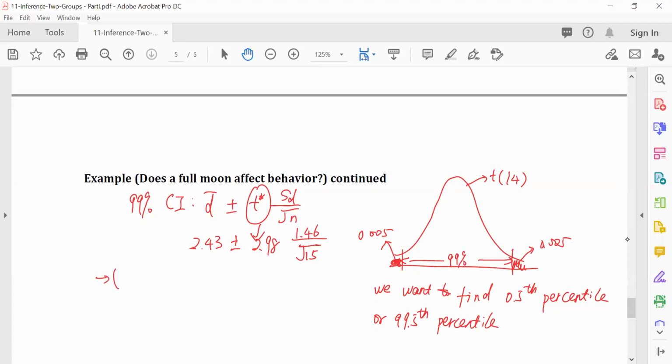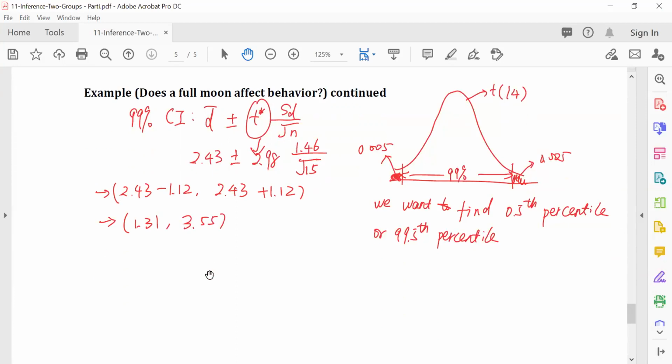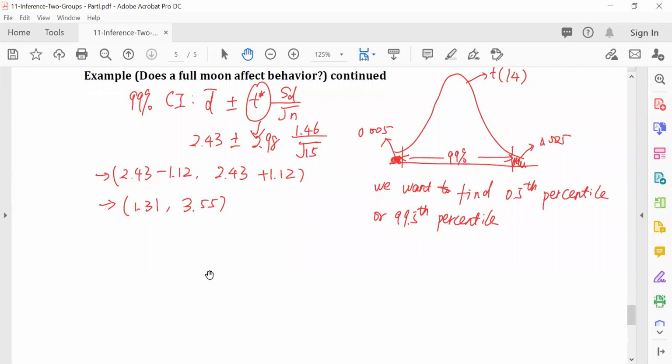So we will have 2.43 minus 1.12 is the lower point, 2.43 plus 1.12 is the upper point, which is 1.31 to 3.55. This is the confidence interval. And how would we interpret a confidence interval?